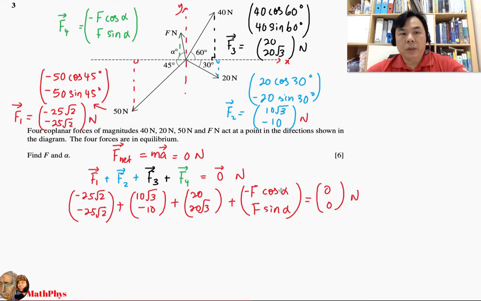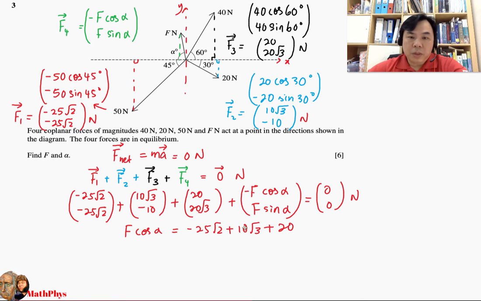All we need to do is just extract its horizontal components. So its horizontal components, we have F cos alpha must be equal to negative 25 sec 2 plus 10 sec 3 plus 20 here. Now that's what we are supposed to have, and then that will be our first equation here. All right, now these equations are not very tough to solve.